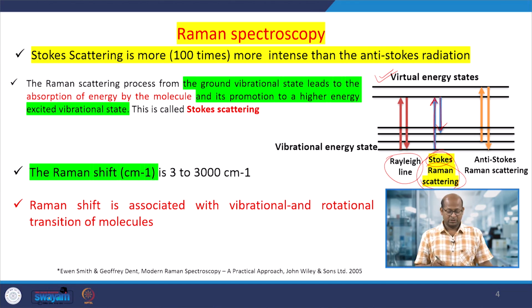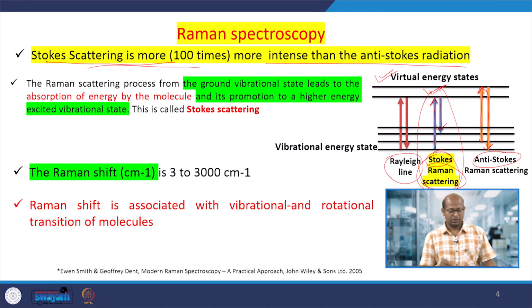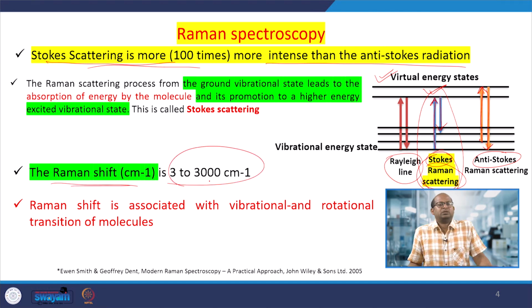In the case of anti-Stokes, it starts from the molecule, and the scattered light has a higher frequency than the incident radiation. The Stokes scattering is about 100 times more intense than anti-Stokes, so this is what is actually used for Raman spectroscopy. The Raman shift we get from the Raman spectra is usually 50 to 3000 centimeters inverse.